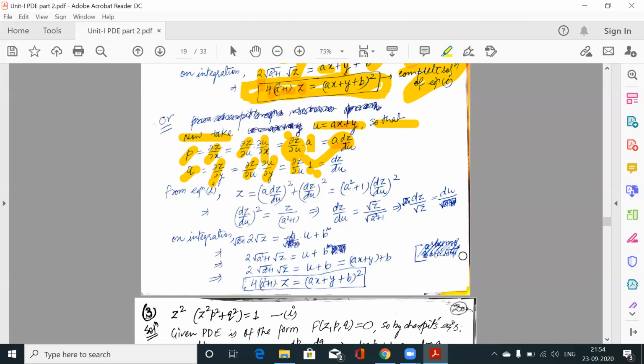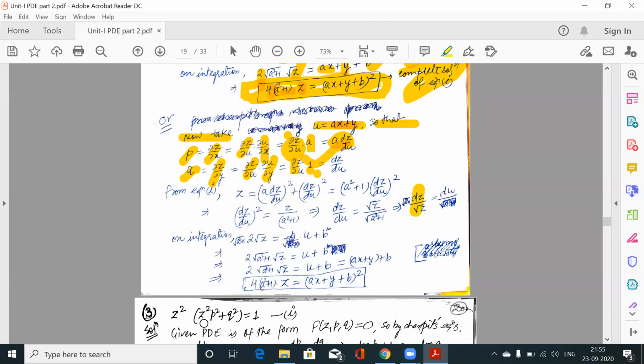This is a constant, so we can keep it on either side, both are okay. So square root of a square plus 1 divided by square root z into dz is equal to du. Now taking the integration.